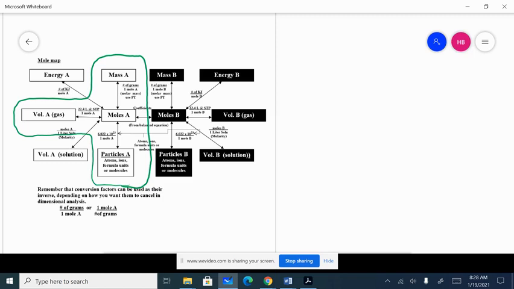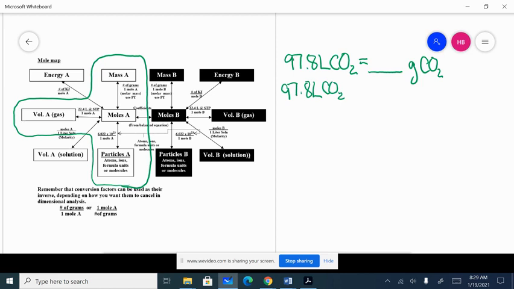So let's say a problem asks us, if I have 97.8 liters of carbon dioxide, how many grams of carbon dioxide is that? My given is the one that comes with the numbers, 97.8. I'm going to be super careful to have my units and labels. Remember, I promised you that would become important later.